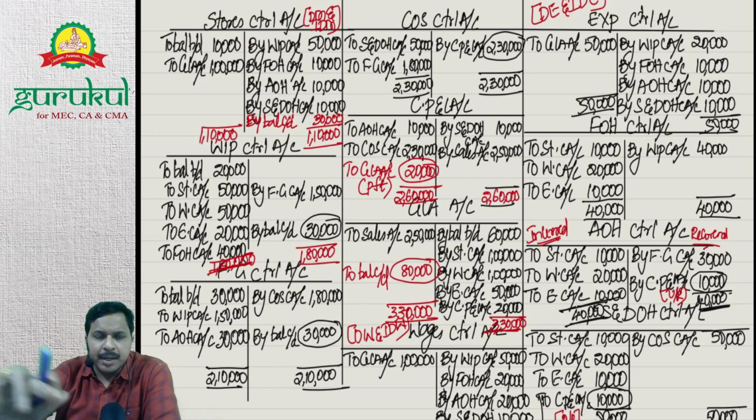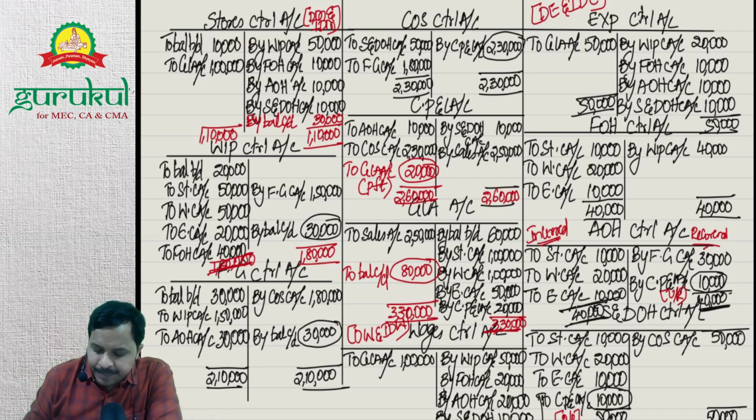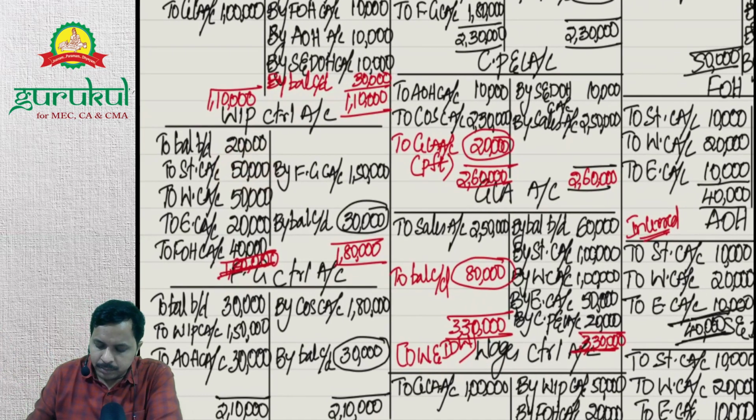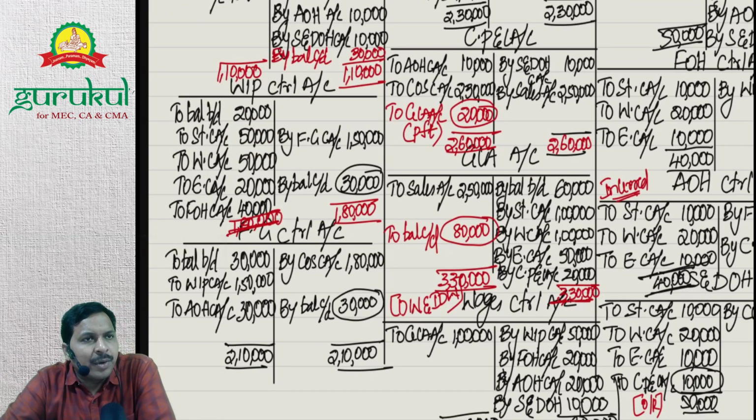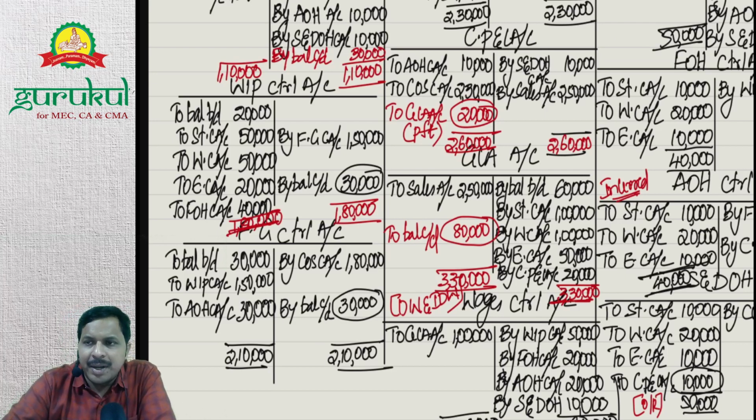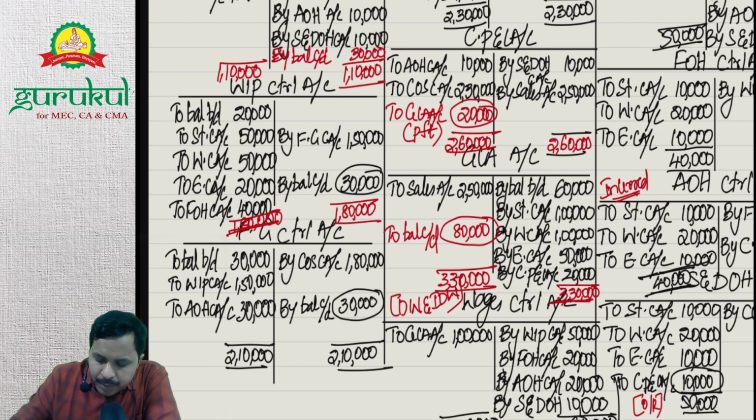Now, let us see. What is this 50,000 written here? In work in progress, if an amount has reached, what is that raw material, direct material or indirect material? So this 50,000 is direct material.